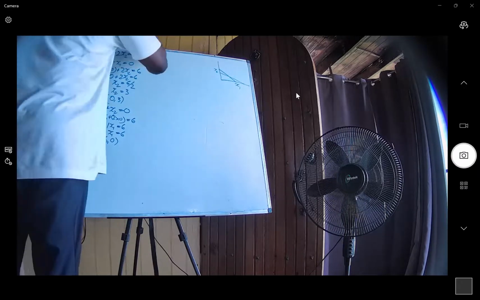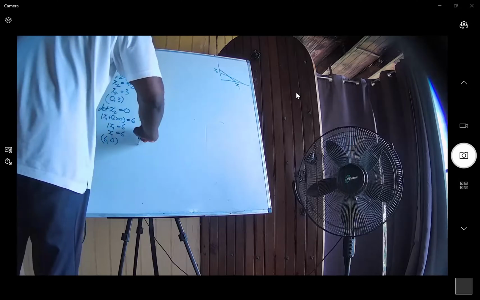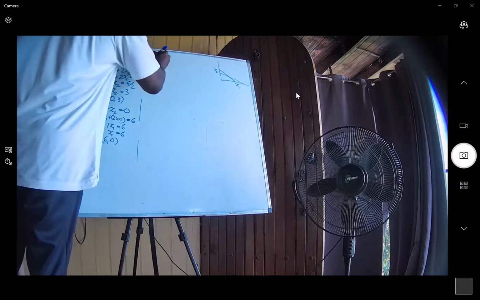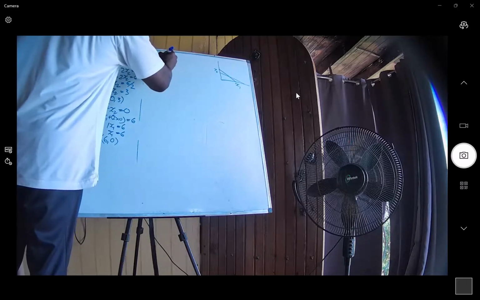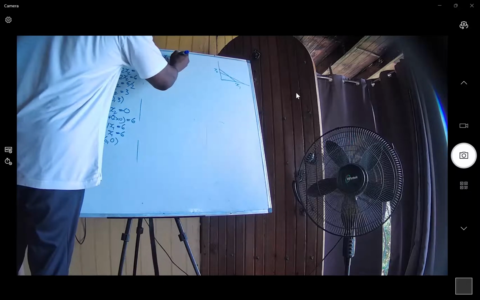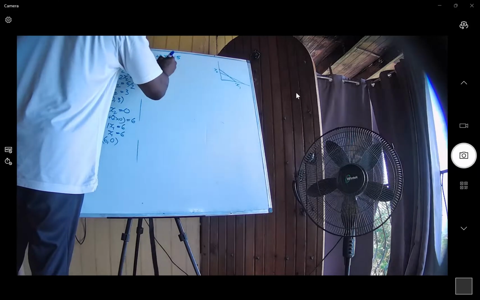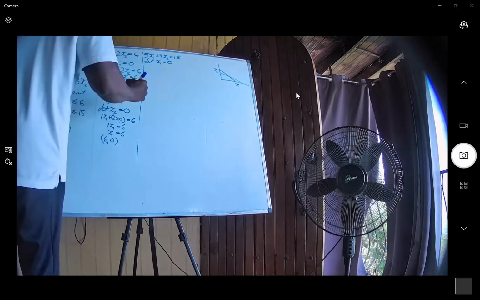We can't draw yet. So what we're going to do now is look at the other equation. The other equation is 5x1 plus 3x2, and that's now equal to 15. Again, we're going to let x1 equal 0, because I want to find x2.